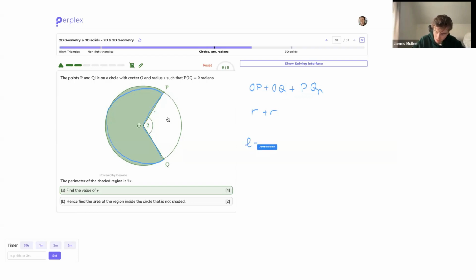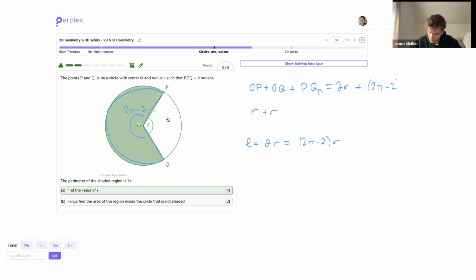So the arc length is L equals theta R. In this case, this angle is 2, which means that the angle on the other side is 2 pi minus 2. So the arc length is 2 pi minus 2 times r, which means the perimeter becomes 2r from these two r's plus 2 pi minus 2 r.